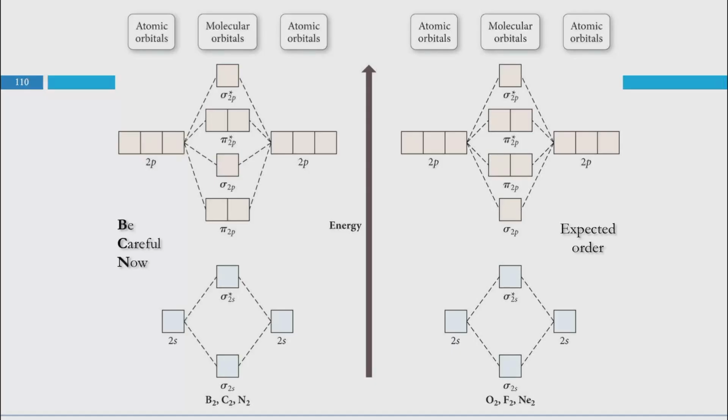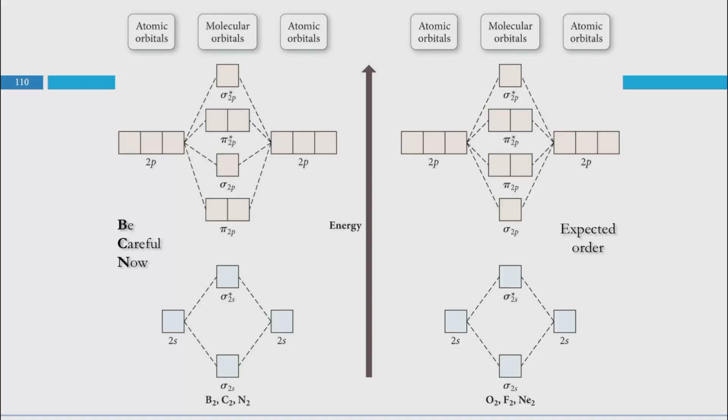We expect it to be stronger because it's direct overlap instead of being side-by-side overlap. And then our pi bonding is slightly higher in energy. The anti-bonding is the same distance, just up, increased in energy. So this whole thing mirrors top and bottom. And that's what we would expect.